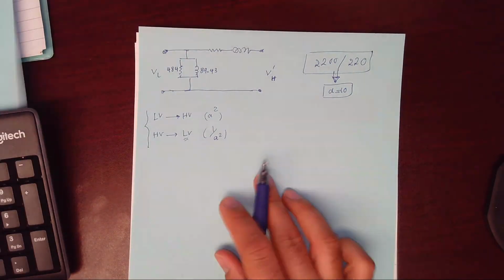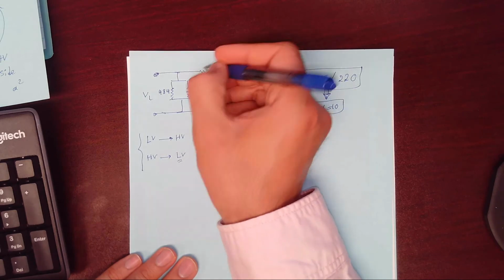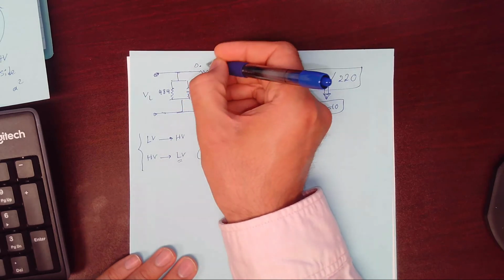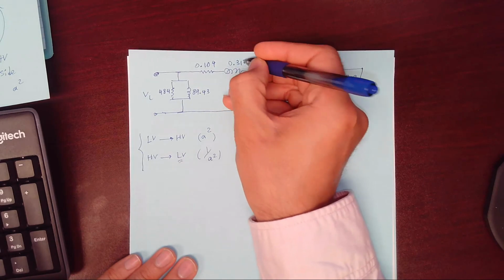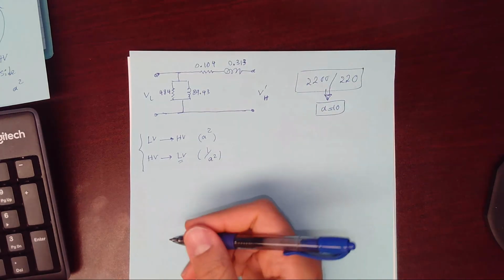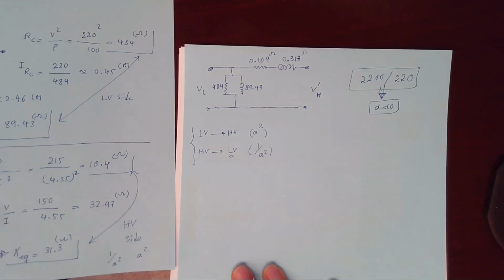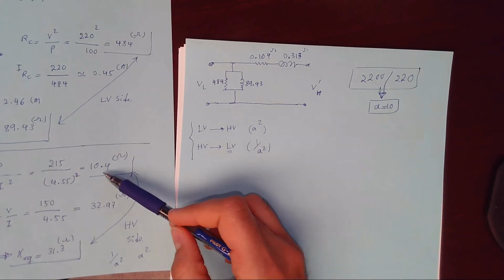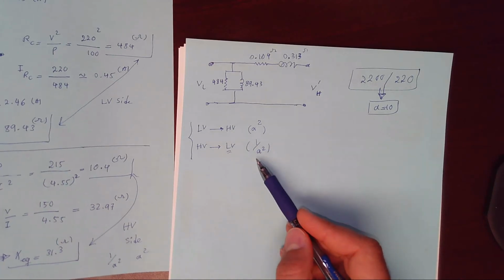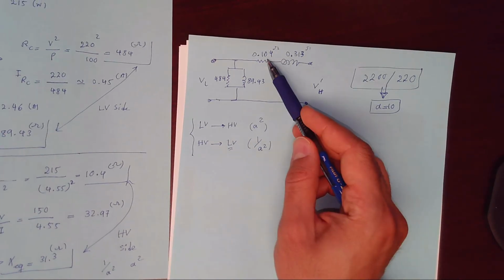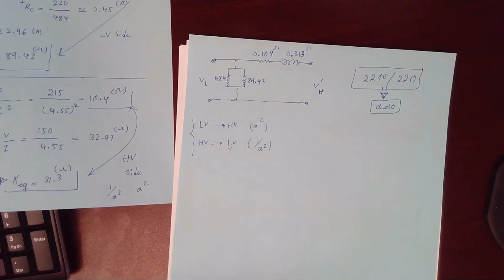So 10.4 times 1 over A squared gives us this, and the same story for the other one.